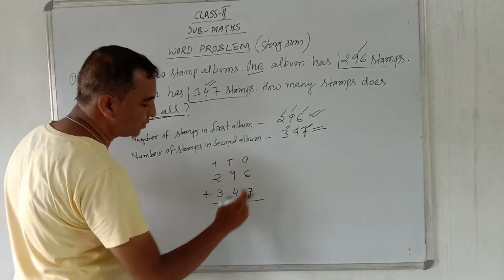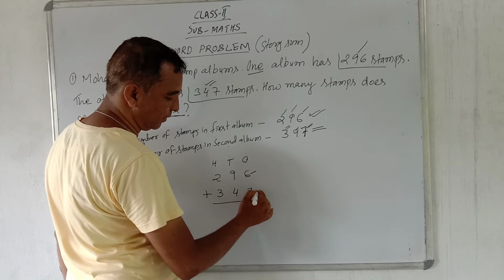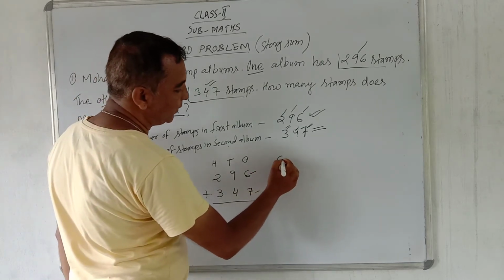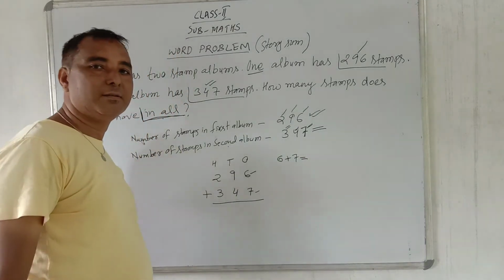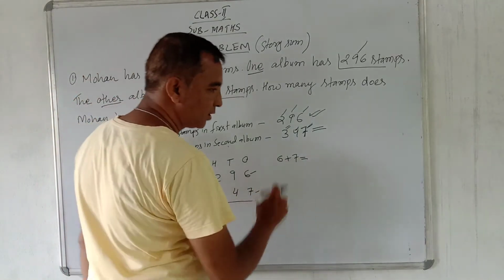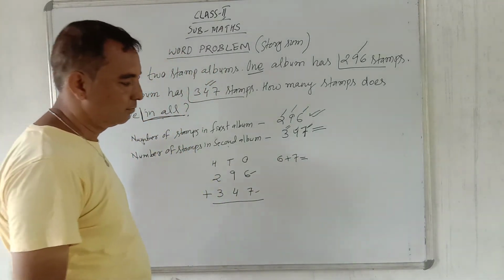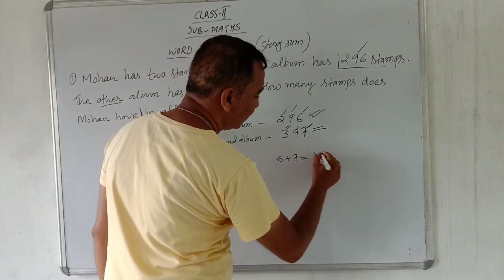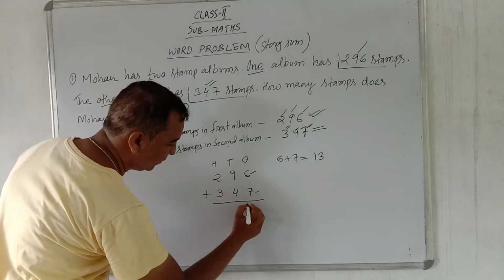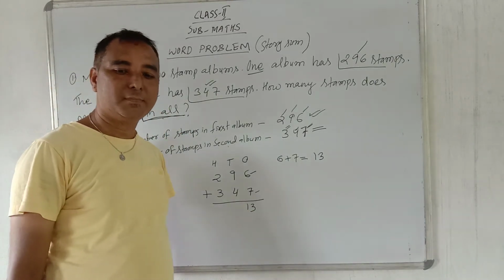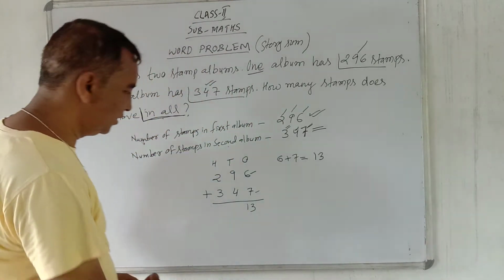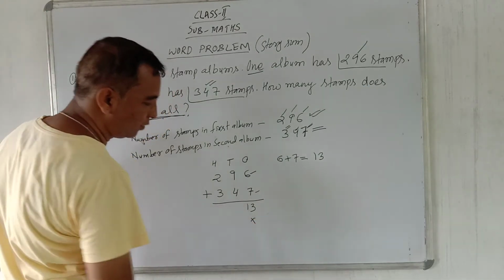So in the ones place there is 6 and 7. Now we have to add 6 plus 7. How much? It is 13. So shall I write 13 here? No, this is wrong. Why?